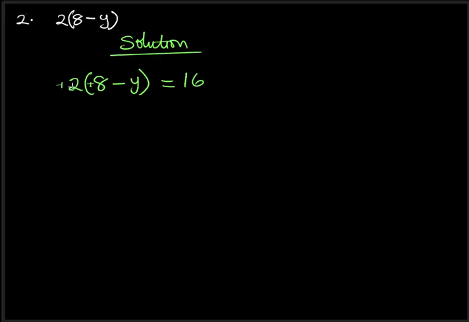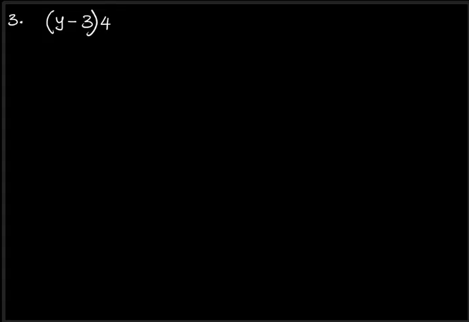And then plus times minus. Plus times minus is minus. And then 2 times y will give us 2y. And that is our answer. Okay, we go to number 3. Now look at this.